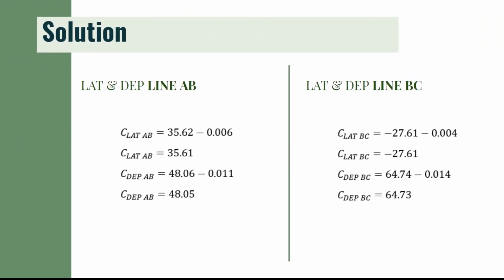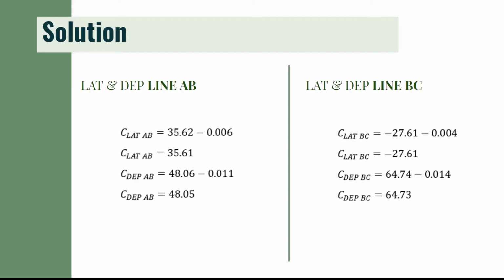For the latitude of line AB, 35.62 minus 0.006 is equal to 35.61. For the departure of line AB, 48.06 minus 0.011 is equal to 48.05.